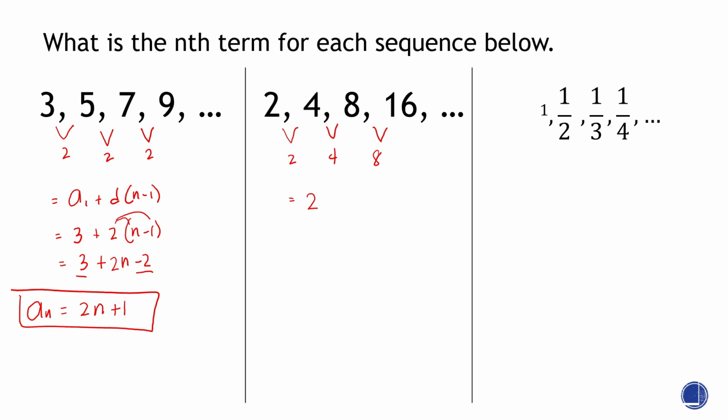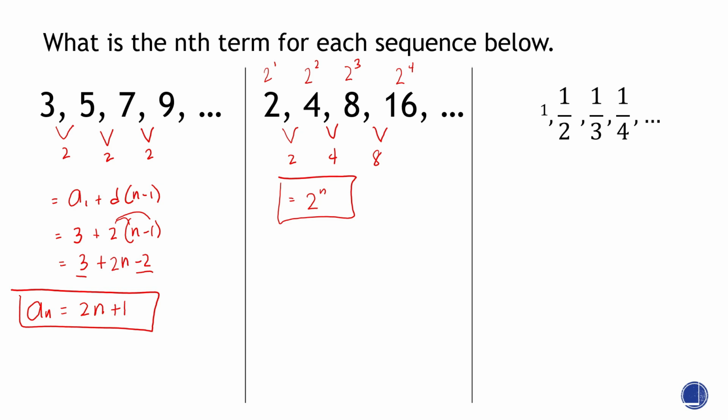This is 2 raised to 1, this is 2 raised to 2, which is 4, this is 2 raised to 3, 2 times 2 times 2, which is 8. This is 2 raised to 4, it's 2 times 2 times 2 times 2. Now that we understand that, and we have the 1, 2, 3, and 4, we can clearly see that the nth term formula that describes the sequence is 2 raised to n.